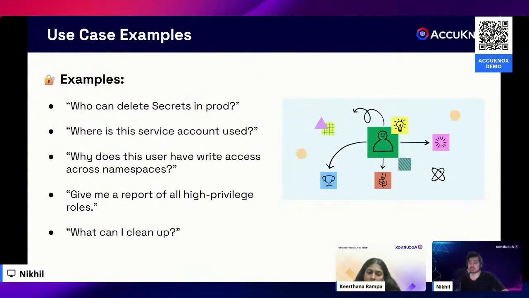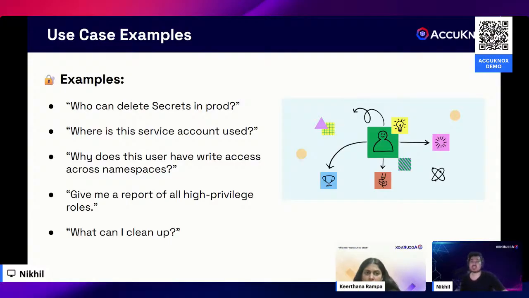And talking about use cases, this is the real thing. I'll give you some examples. Maybe you need to know who can delete secrets in production. That might be one use case. Or why a particular user has elevated access.